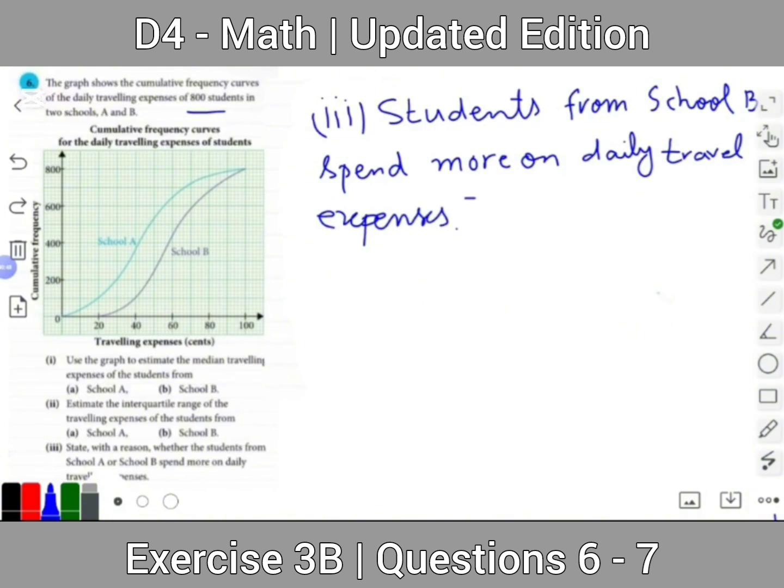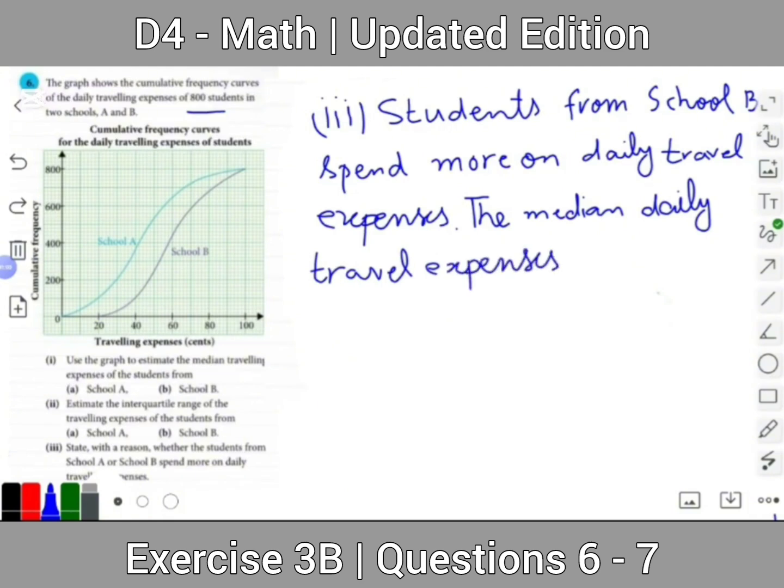The median daily travel expenses is higher for school B than for school A.